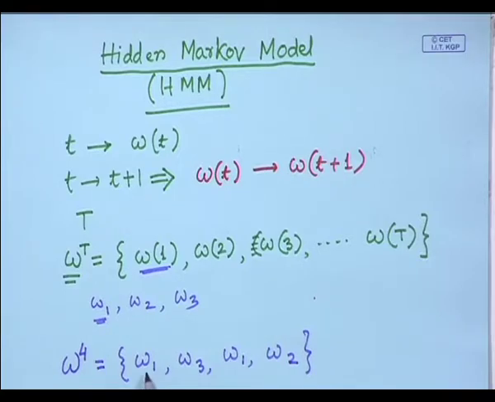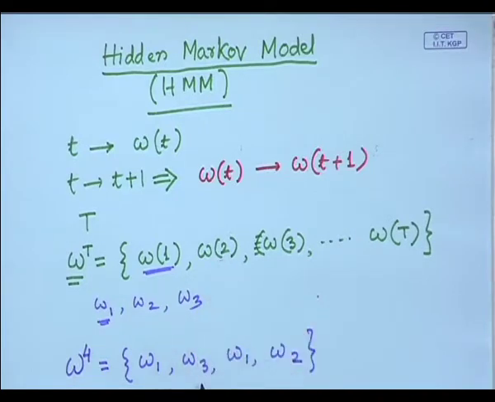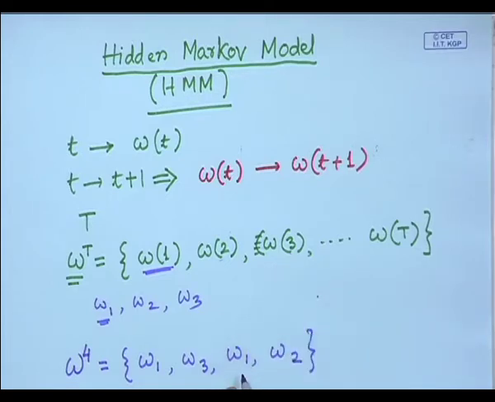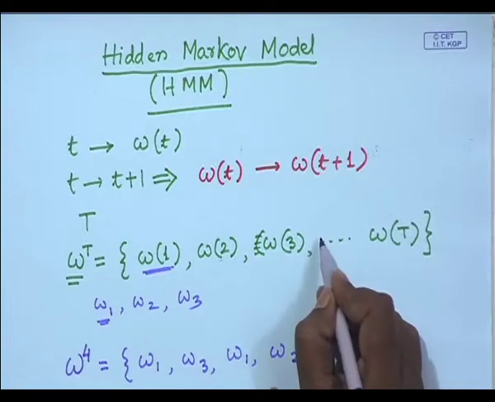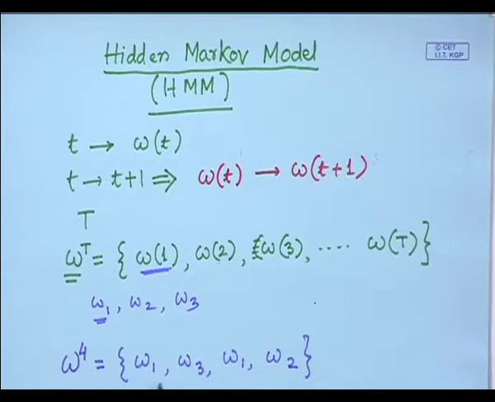So, at t equal to 1 the state was omega 1, at t equal to 2 the state of the machine might have been omega 3. At t equal to 3, in the third step, the machine might have been in state omega 1. In the fourth step, the machine is in state omega 2. So, these are the 4 states through which the hidden Markov model makes a transition.